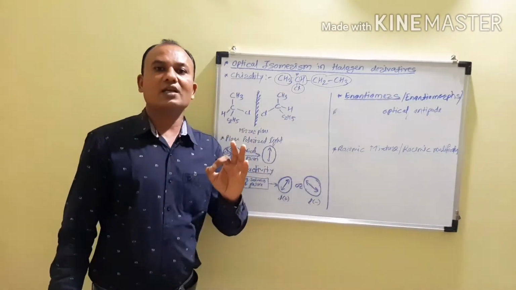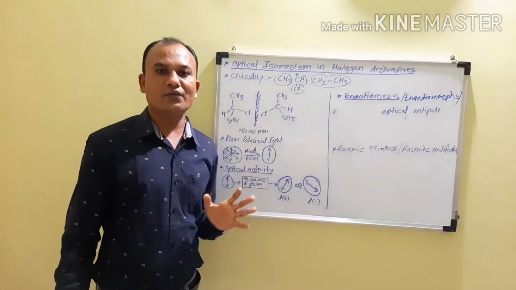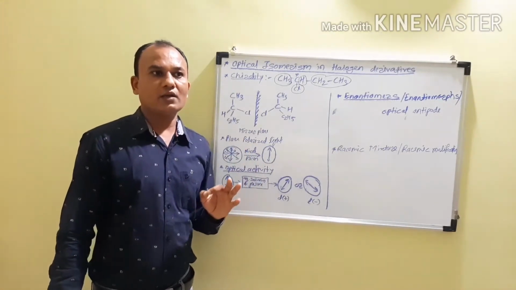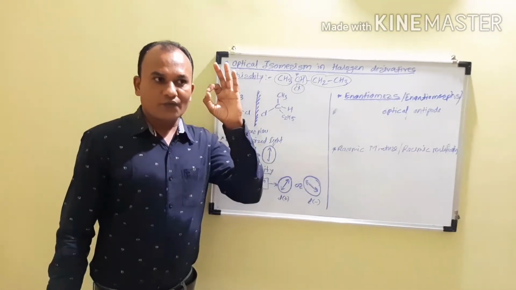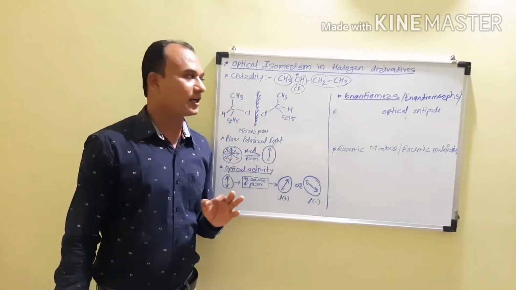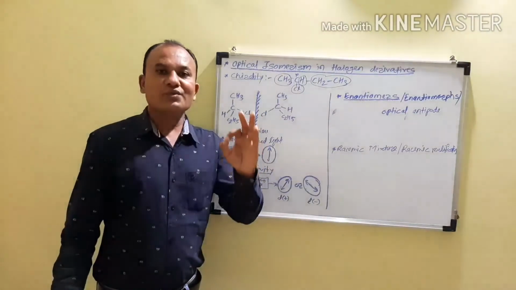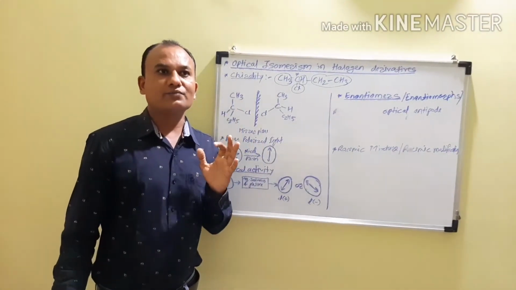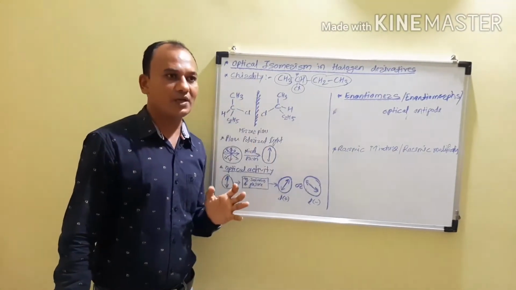This chiral carbon atom is important when we consider optical activity. Which compounds can show the phenomenon of optical activity? Those molecules which contain a chiral carbon atom show the phenomenon of optical activity.